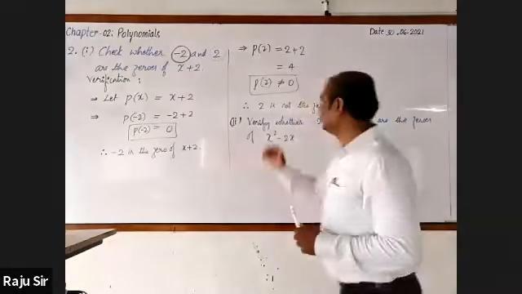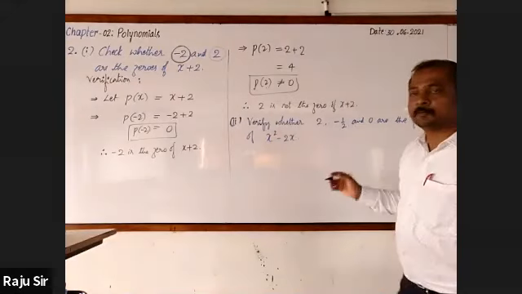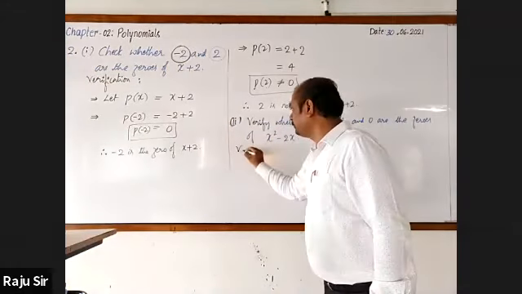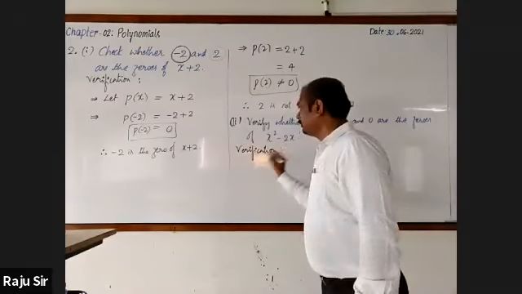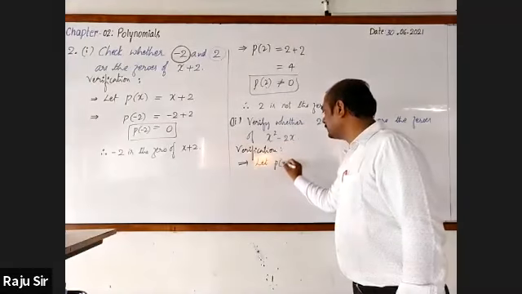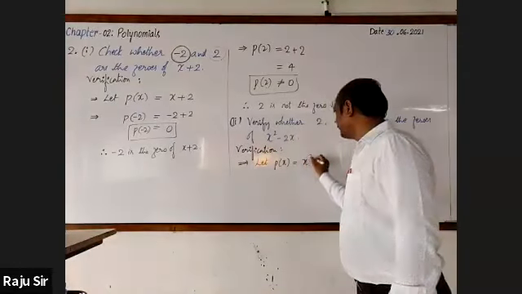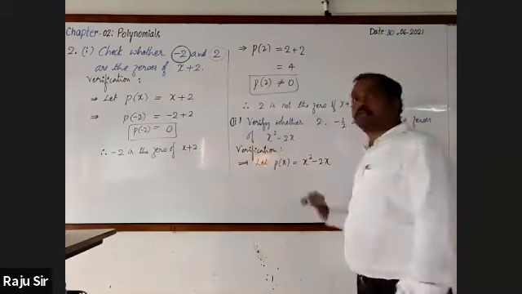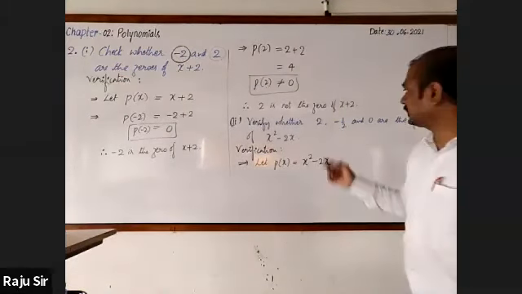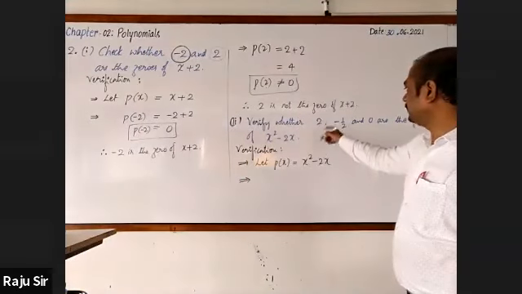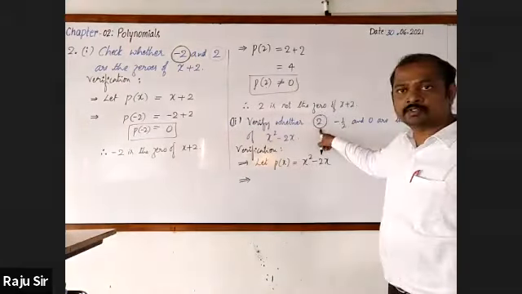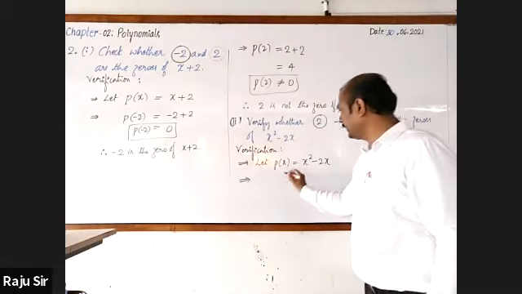Okay. Now, observe, and please go on writing with me. Verification. I'll assume the given polynomial as p of x. P of x is equal to x square minus 2x. Let us check one by one. First one is 2. I'm going to substitute 2 in place of x.